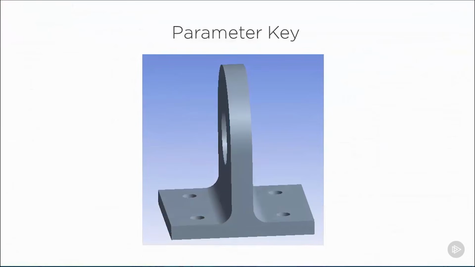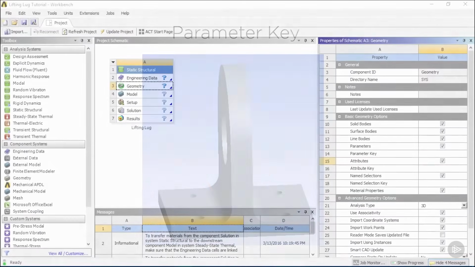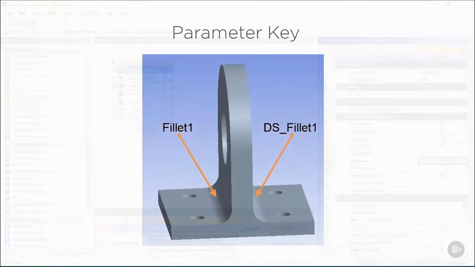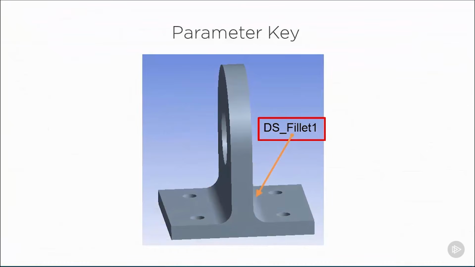You can tell Ansys to only import parameters or attributes that have this key or piece of text in it. So say we define a radius called fillet1 and another radius called ds_fillet1. If we leave this field blank, Ansys will import both of these dimensions. However, if we input ds as a parameter key, Ansys will only import ds_fillet1 as a parameter into Ansys.